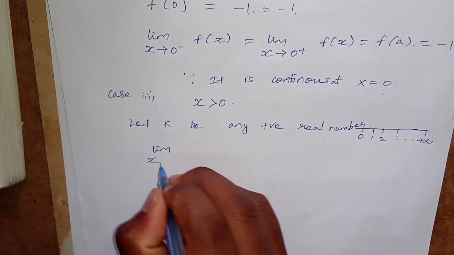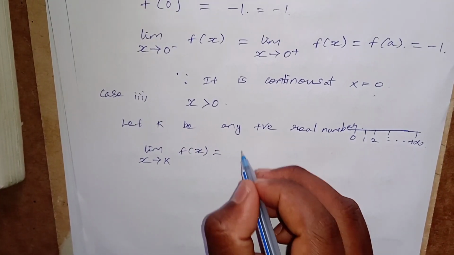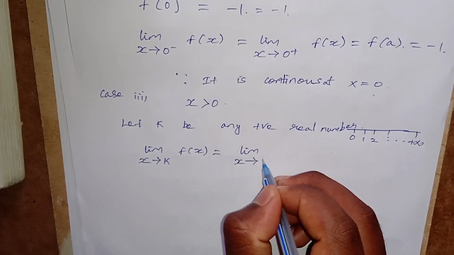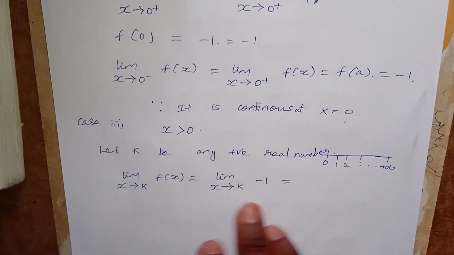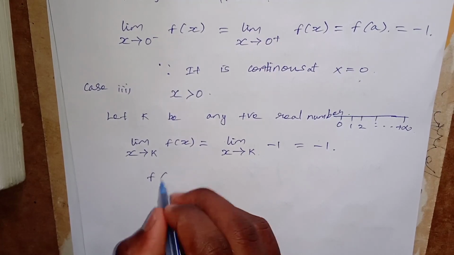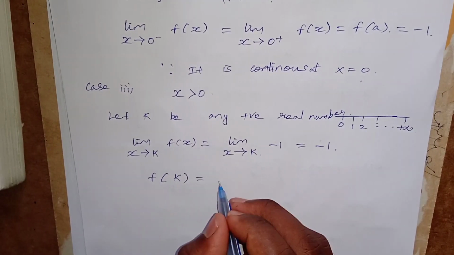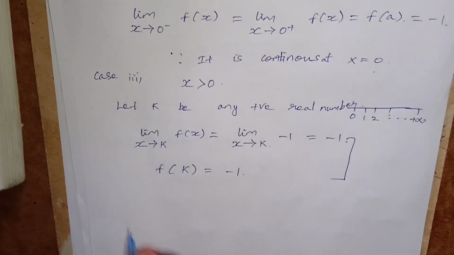Therefore limit x tends to k of f of x, with k greater than 0, is minus 1. There is no x to substitute for k, therefore it is minus 1. Again f of k is minus 1. Finally here also minus 1, here also minus 1.